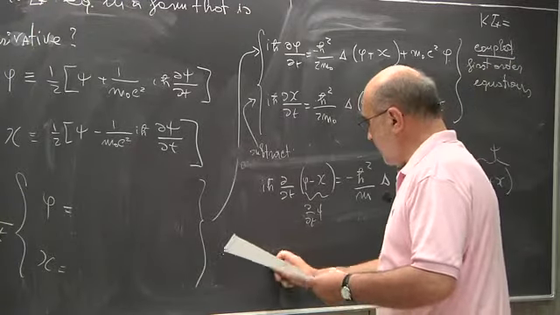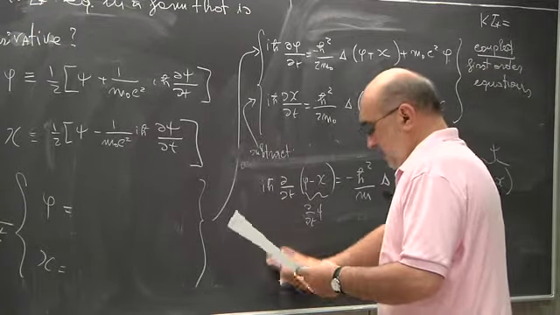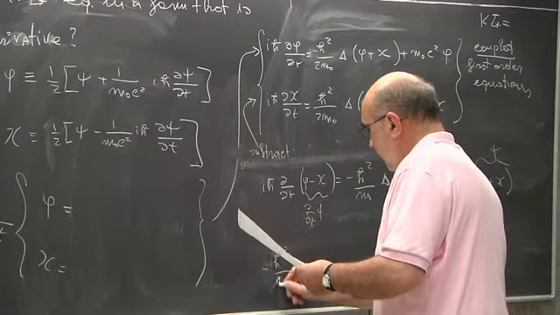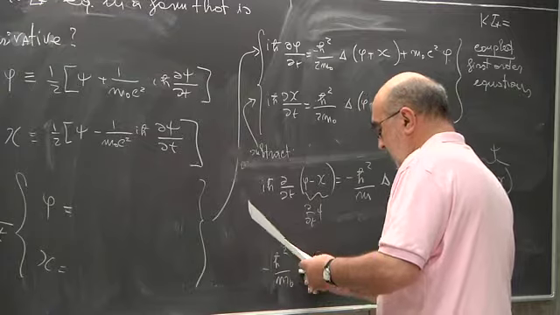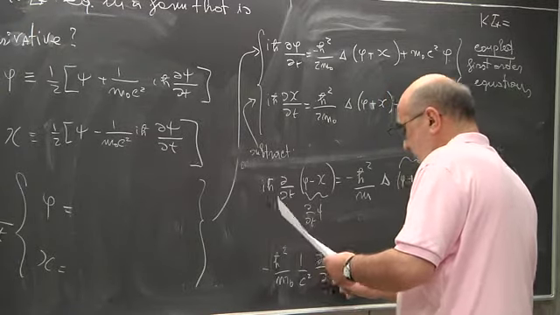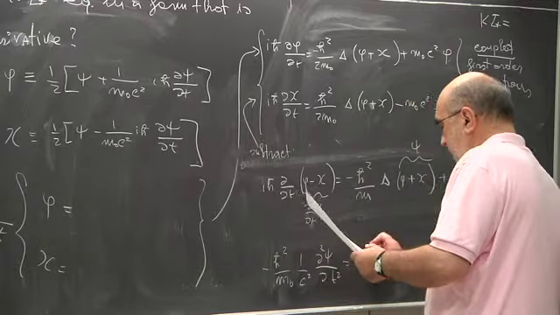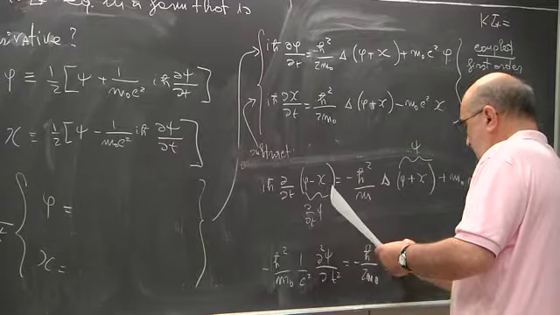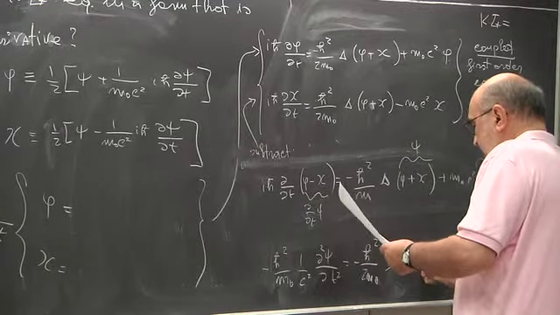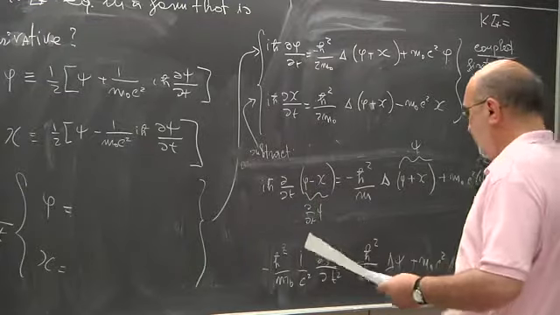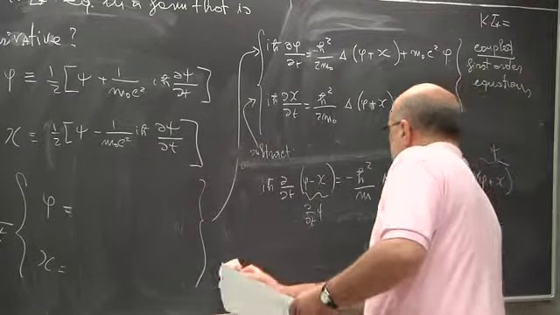And what you get at the end is minus h bar square over m0 c square, the second derivative of psi with respect to t square, minus h bar square over 2 m0 Laplacian of psi plus m0 c square psi. Actually, you don't get this.